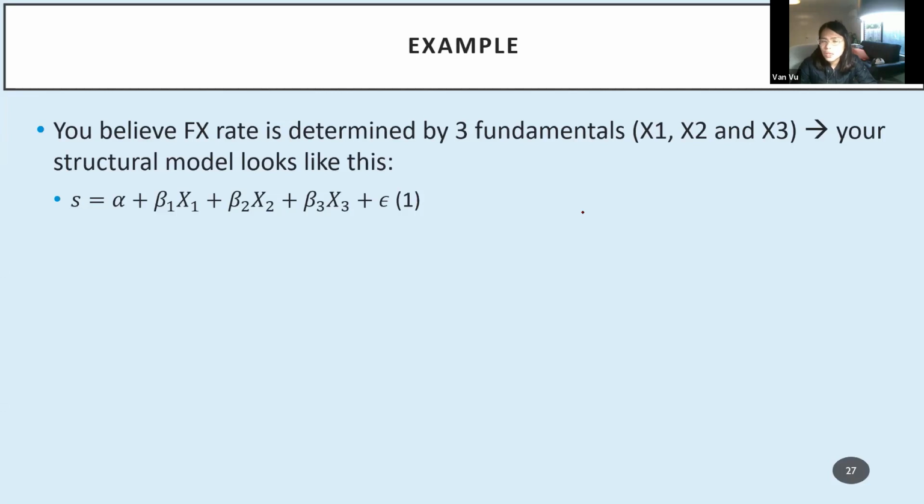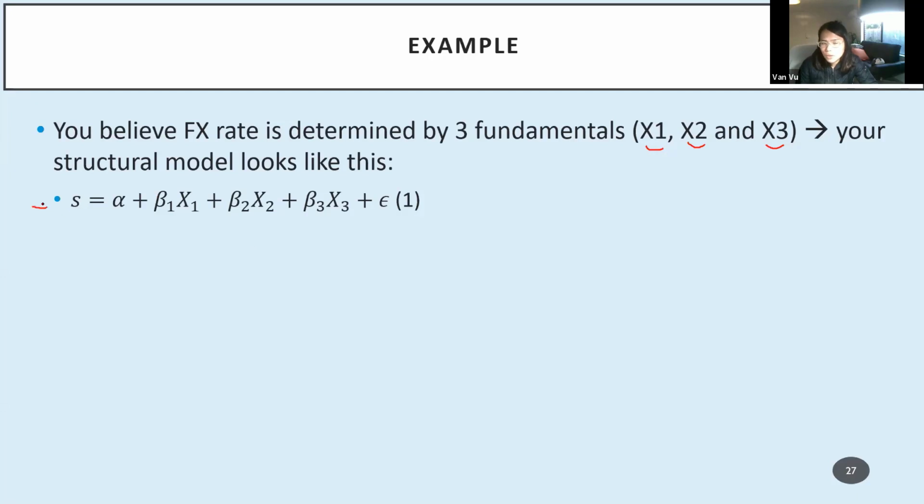So if you believe that the foreign exchange rate is best determined by three different fundamentals, variables x1, x2, and x3, it could be, for example, interest rate, inflation rate, and GDP, okay? So assuming that I think the best predictors for the exchange rate are these three variables, okay?